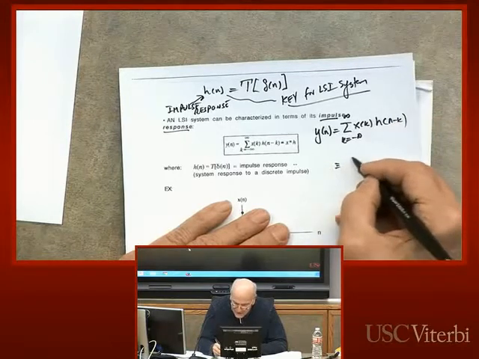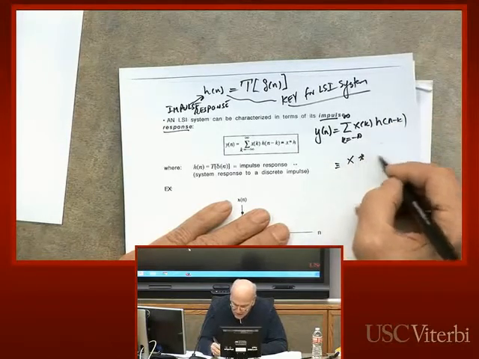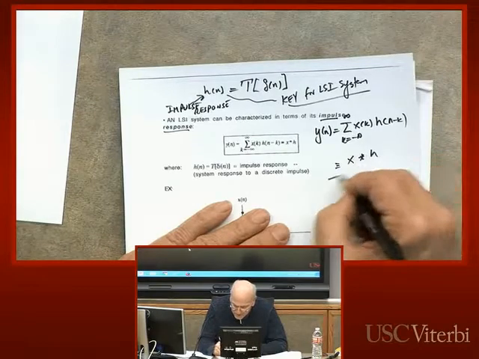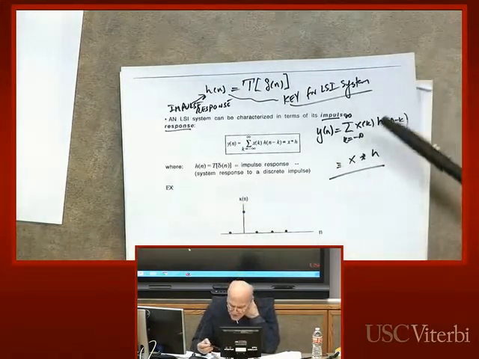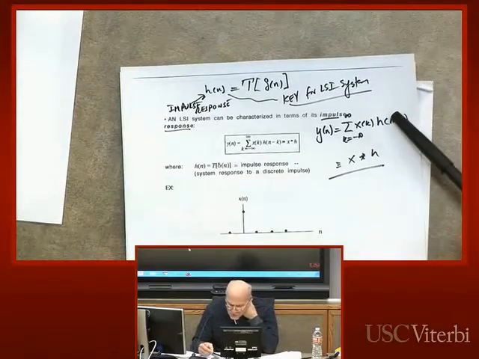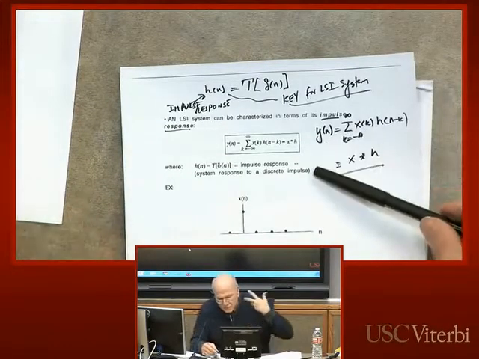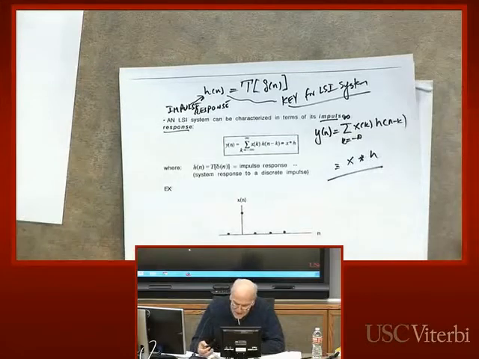Or I can also write that as x convolved, a discrete convolution, with h. For any linear shift invariant system, if I know its impulse response, I can generate the output for any input, x of n.